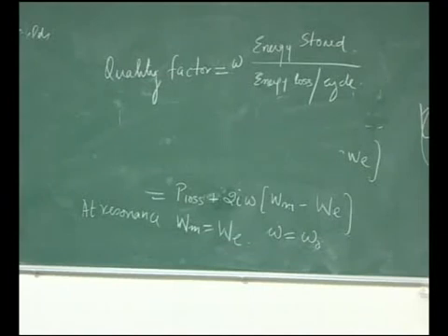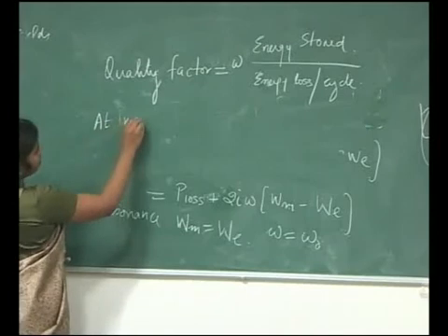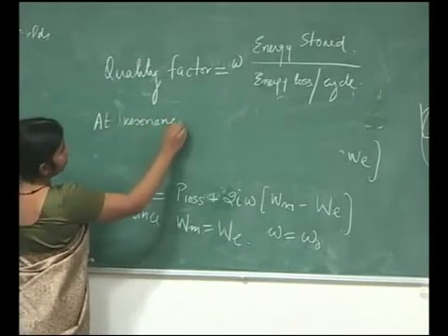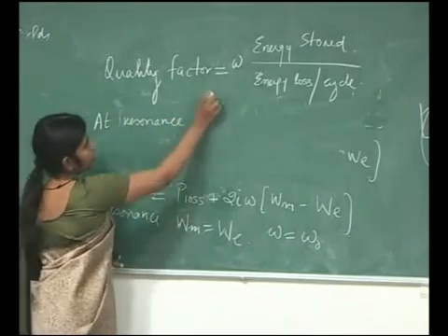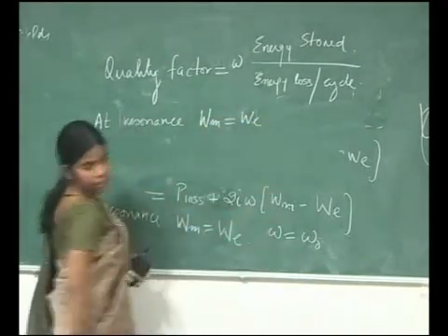Energy loss per cycle is actually equal to the power loss. So I can write here, at resonance Wm is equal to We.